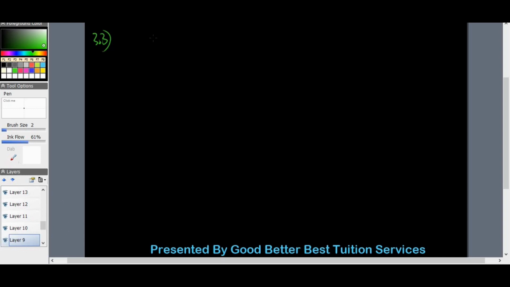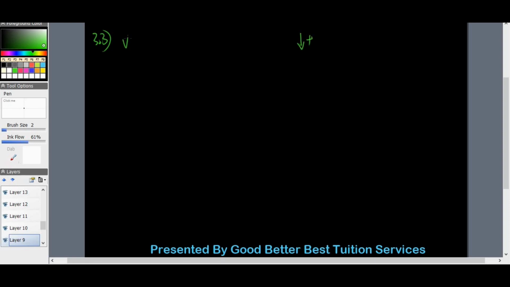3.3. I am going to choose downwards as positive again. So I'm taking my downward direction as positive.